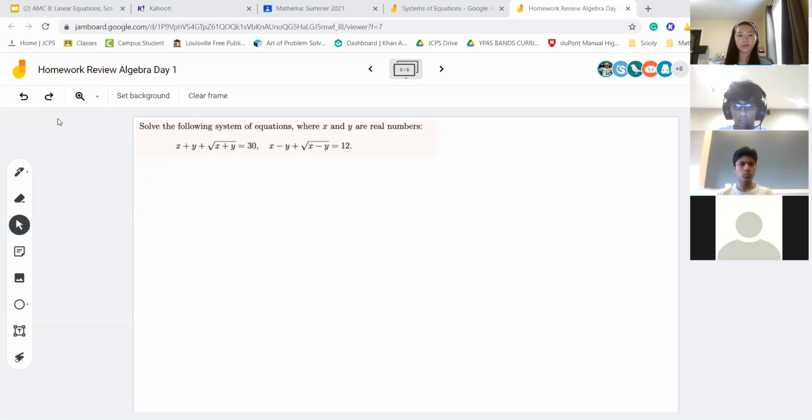So we're going to set a variable for each of these radical expressions. Let's say the square root of x plus y equals, we'll call this variable u.